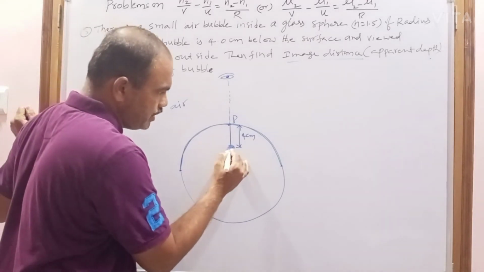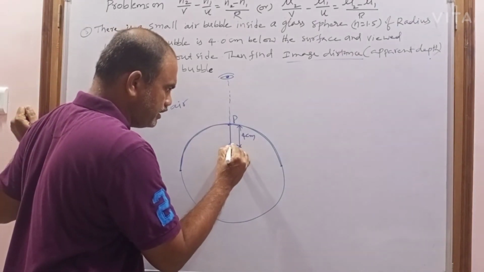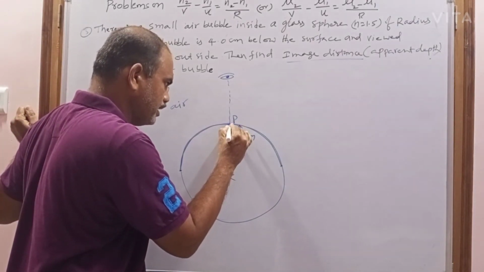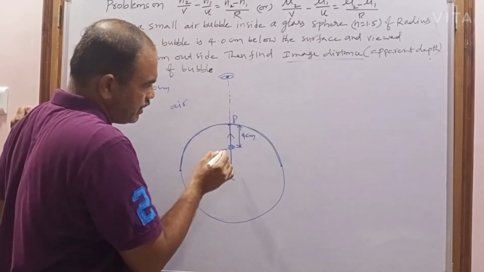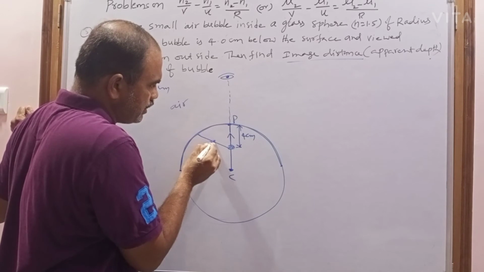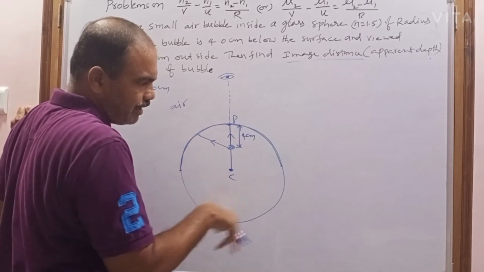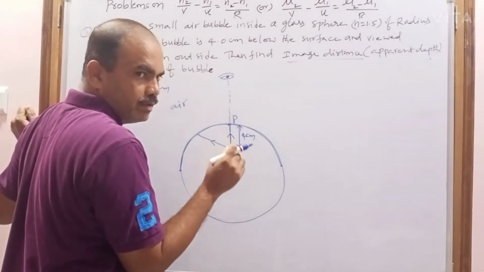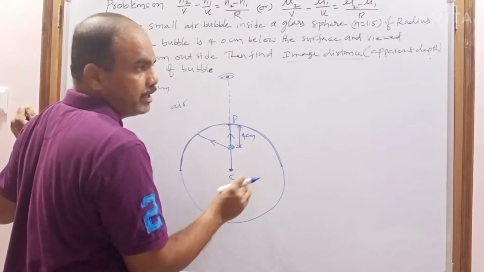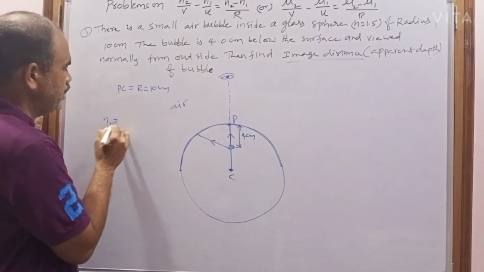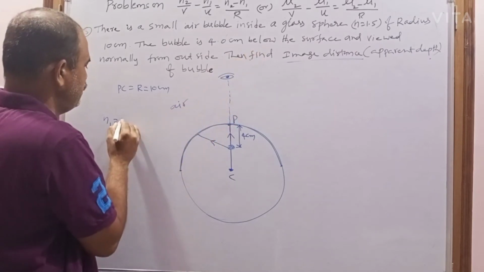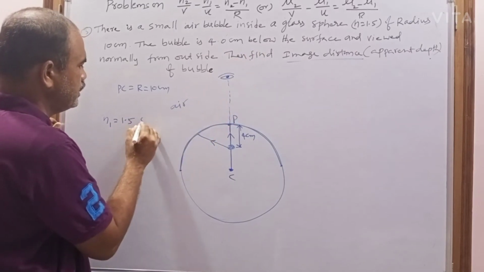Now here is the object. From this object let us imagine one ray is along the direction of the normal and the second one is in any direction. So the incident rays are traveling in which medium? Sphere. So the sphere's refractive index can be taken as N1. N1 is nothing but the sphere refractive index, that is 1.5.